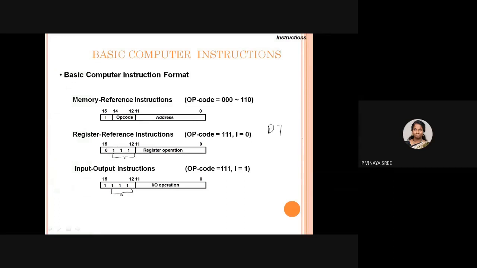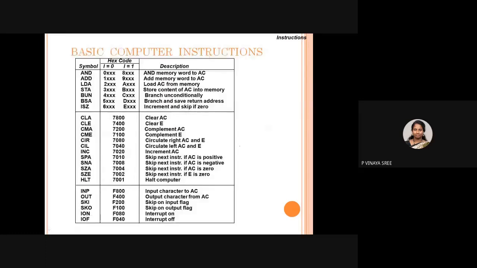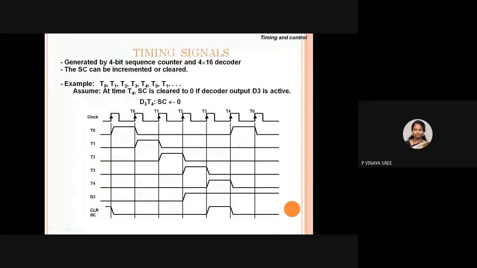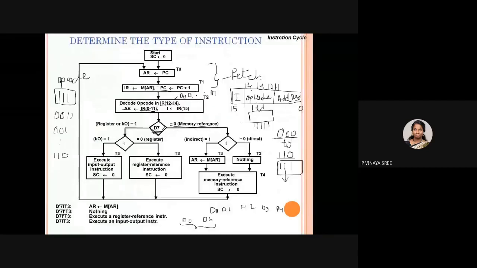or register reference instructions. So if D7 equals 0, what type of instruction will it be executing? Memory reference. If D7 is 1, it is register or input output.